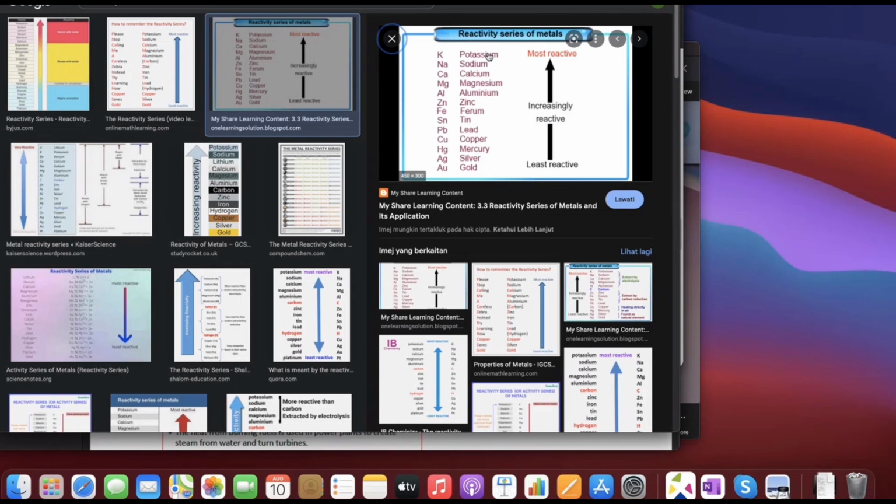This is very reactive, this is very unreactive, so the voltage produced by these two will be very big. If you just use zinc and iron (ferrum means iron), they have a small difference in reactivity, so the voltage will be small.